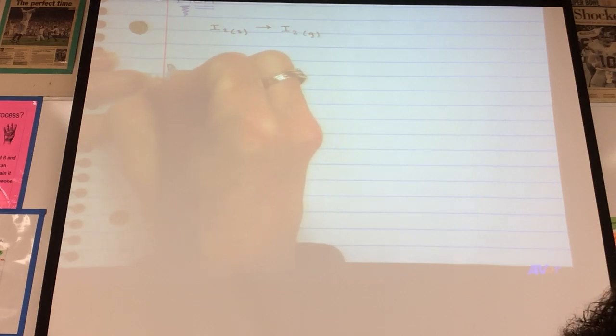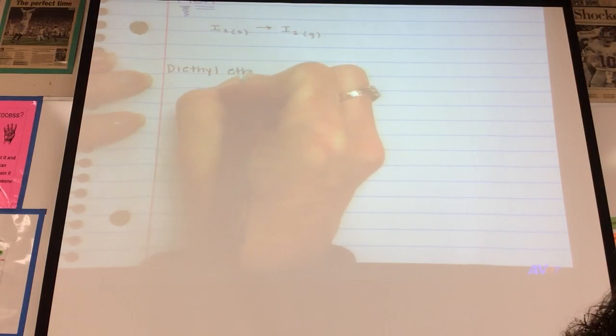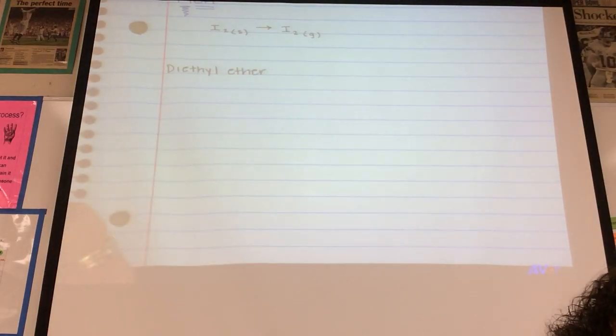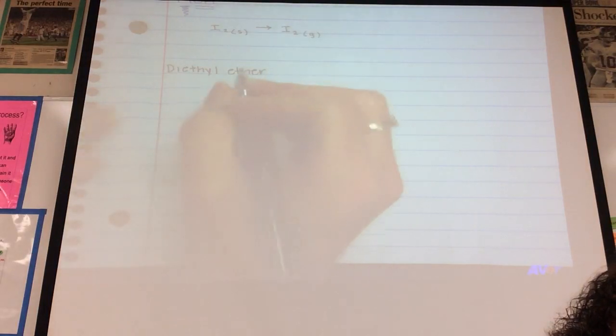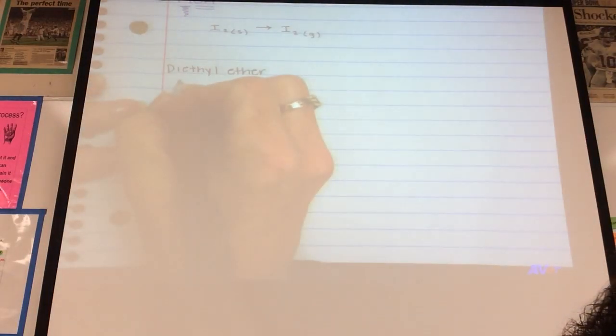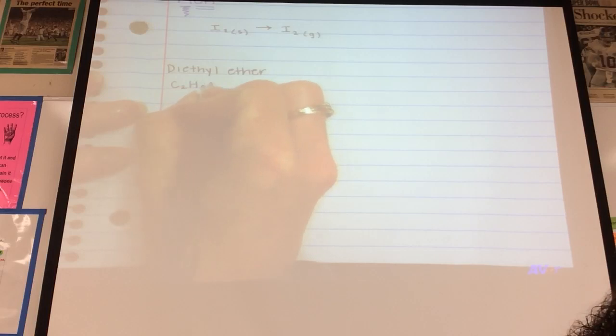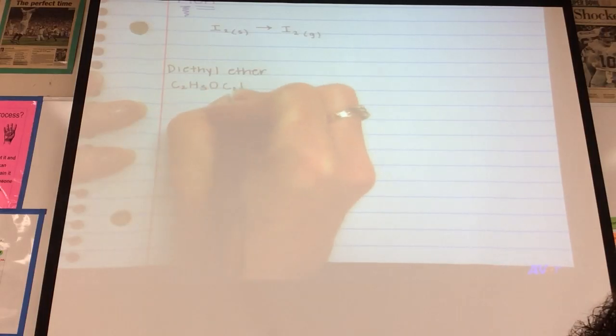We have diethyl ether. Now they could not just give you diethyl ether anymore. They would have to, at the very least, give you a chemical formula. Otherwise, you wouldn't know what it looks like.